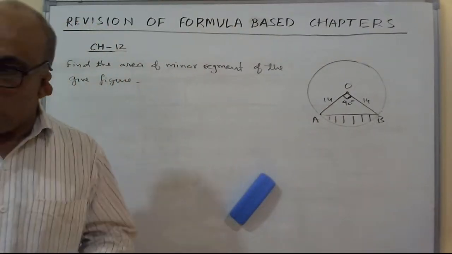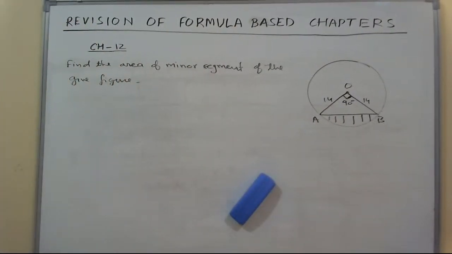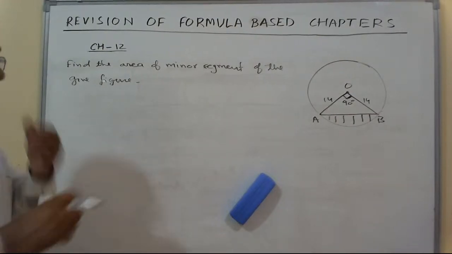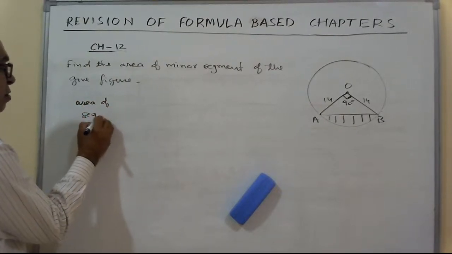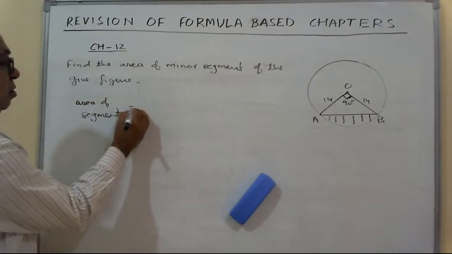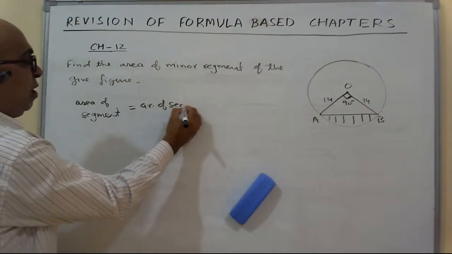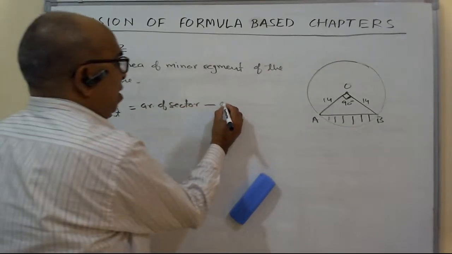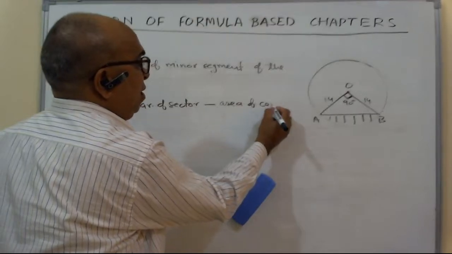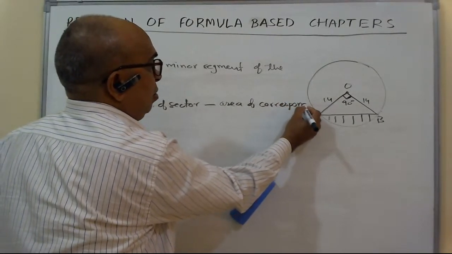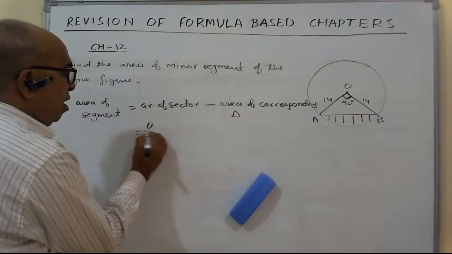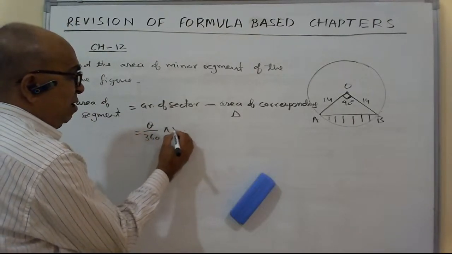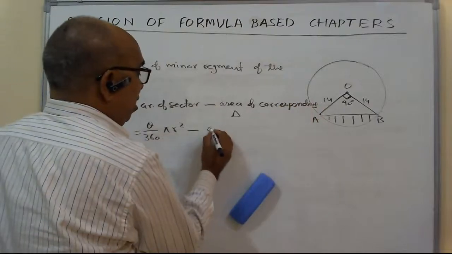So for that, you are writing the formula, okay? So area of segment, you wrote the formula. Area of segment is equal to area of sector minus area of corresponding triangle. So area of sector is theta by 360 pi r square, and here triangle AOB.